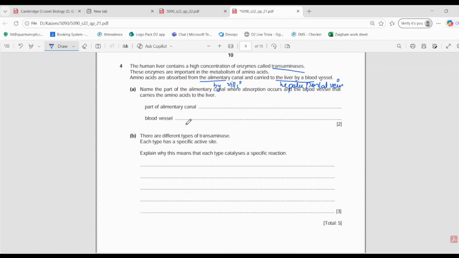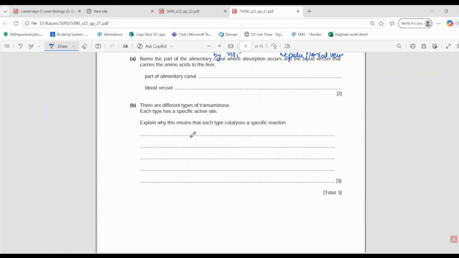Okay, there are different types of transaminase. Each type has a specific active site. Why does this mean that each type catalyzes a specific reaction? Now you have to give the whole lock and key process. Good. Yes, I want an answer.